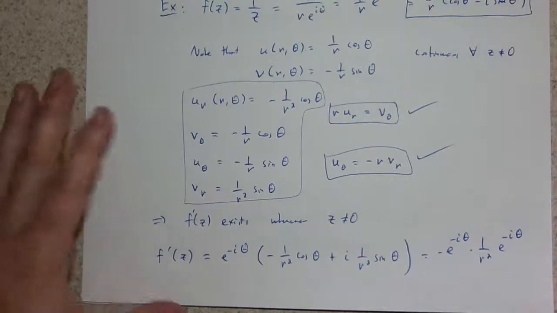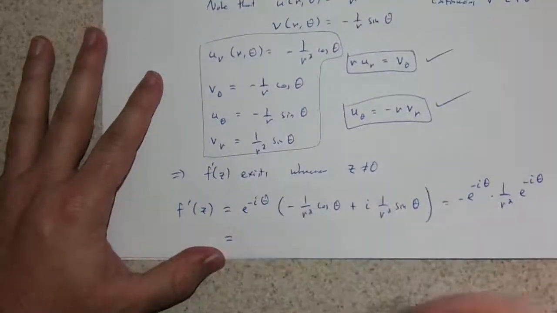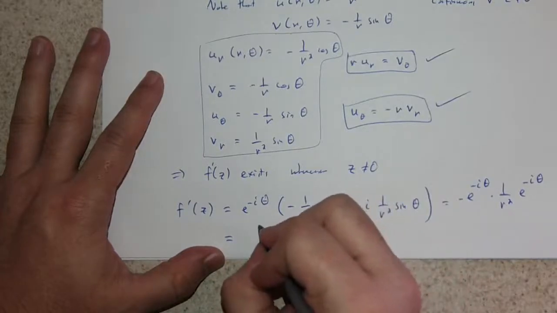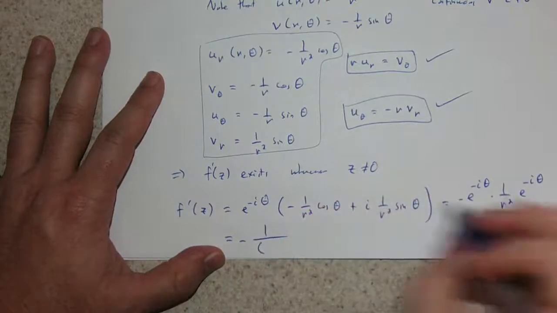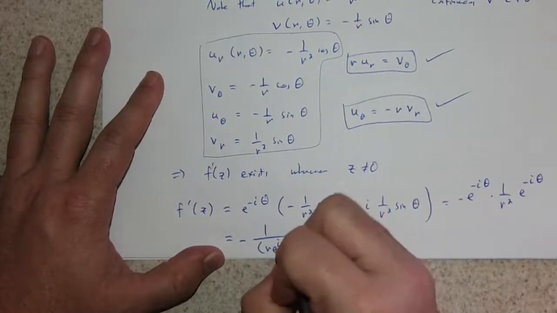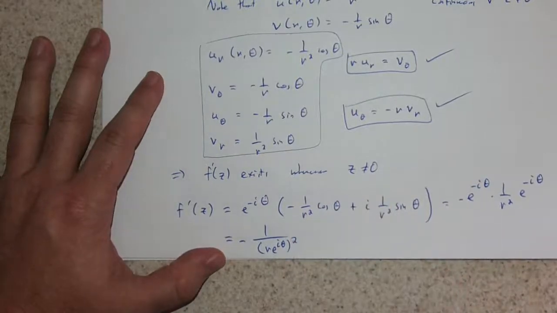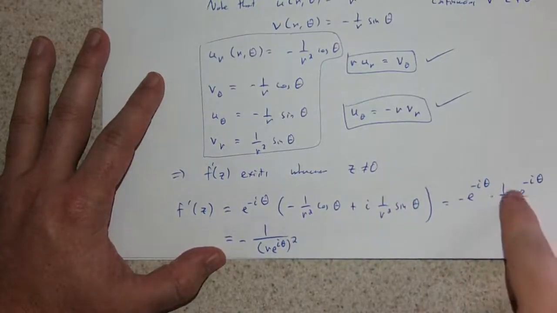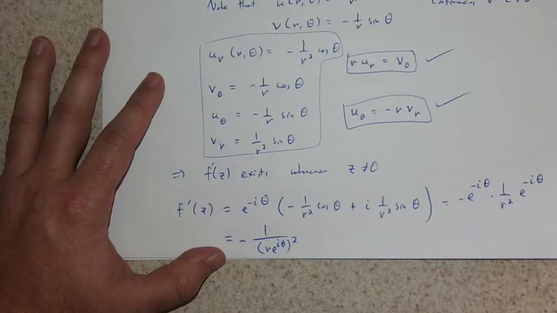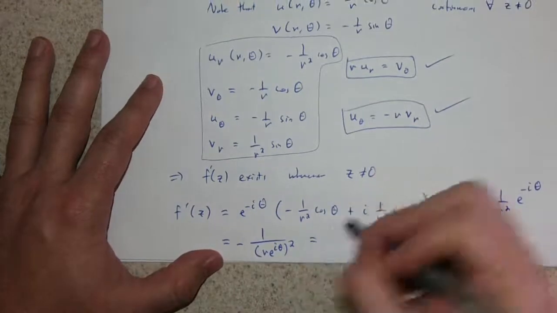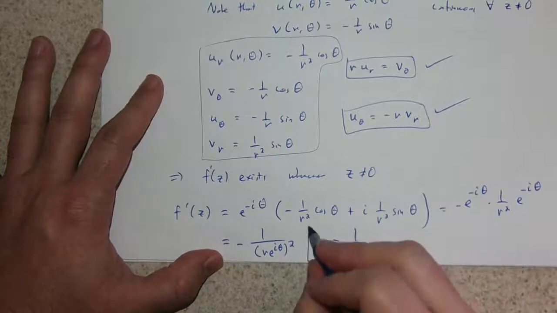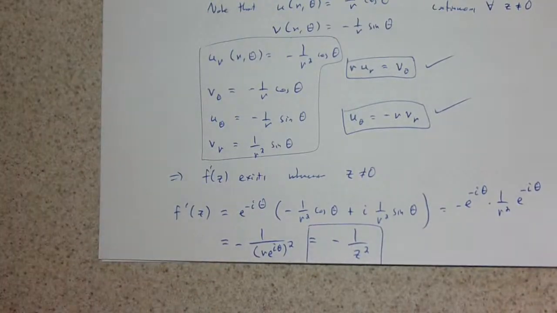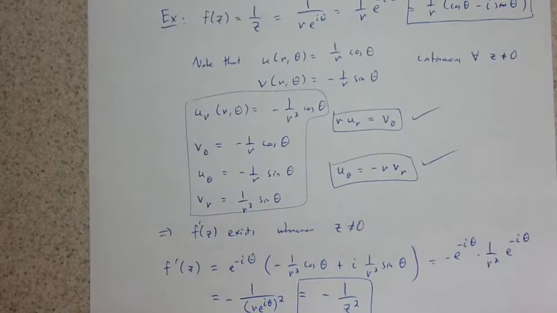And so rewriting this, this is minus 1 over r times e to the I theta squared, since this would be minus 2I theta here. So moving that to the denominator, this is the same thing as minus 1 over r e to the I theta squared, but hey, that is minus 1 over z squared, which is exactly what I expect it to be, right? Okay.